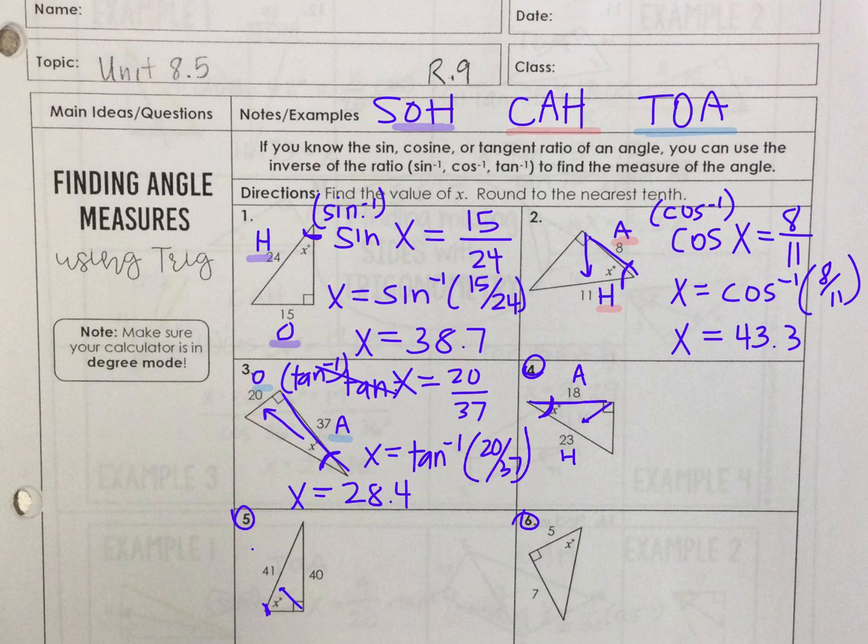We've got another H, because that's the hypotenuse, and then we've got an opposite. If I'm looking at this angle here, I have an opposite in that 7 and an adjacent in that 5. So set up your equations and then solve them. Thank you.